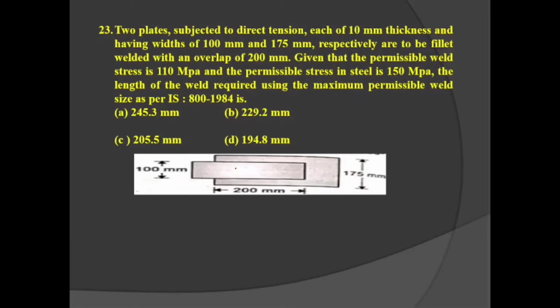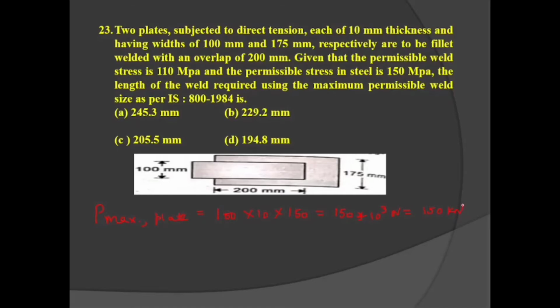Given the permissible weld stress 110 megapascal and permissible stress in steel 150 megapascal, the maximum force the smaller plate can resist is to be found, and from it we calculate the required length of weld. So P maximum for the plate is 100 into 10, because 10 is the thickness, into 150, the permissible stress, that is 150 into 10 to the power 3 Newton, or 150 kilonewton.